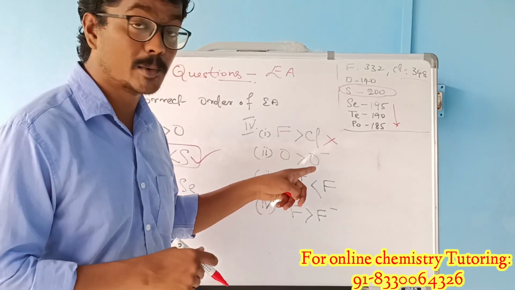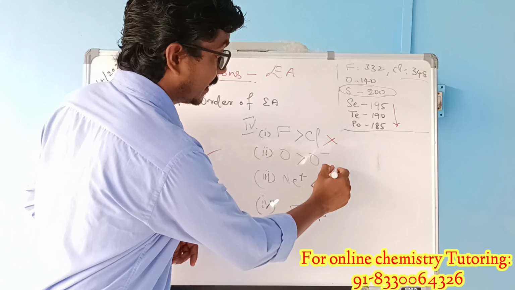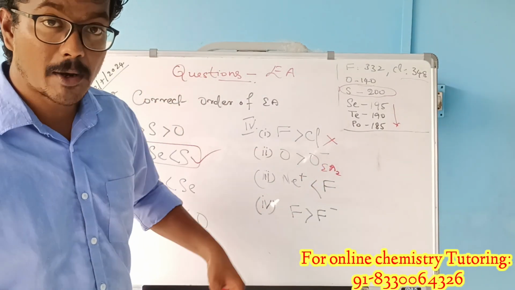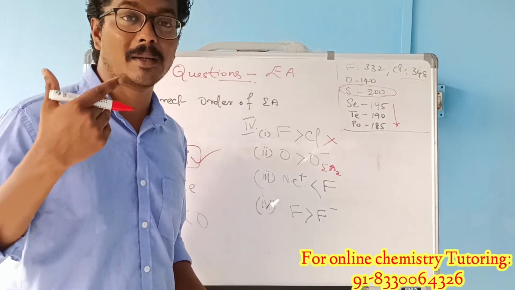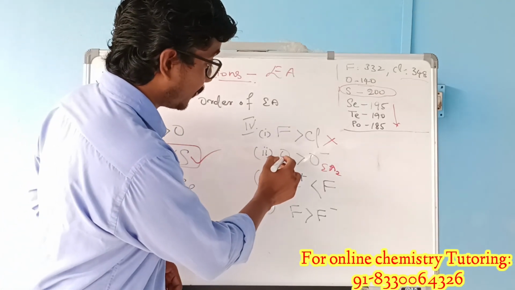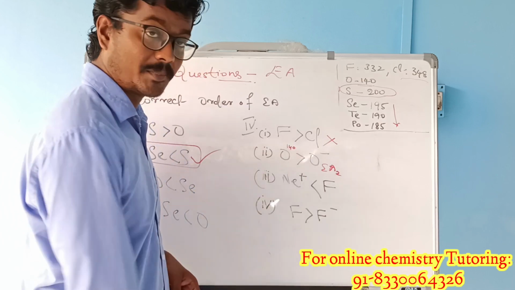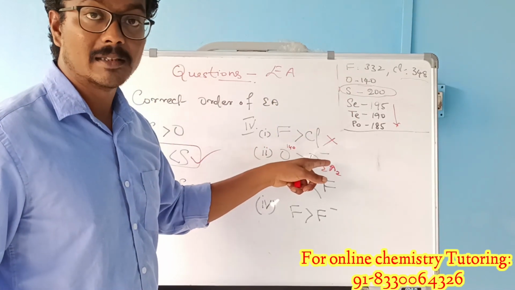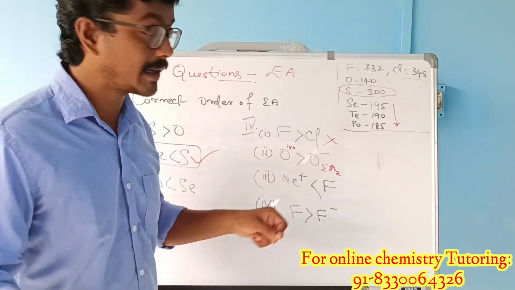So this corresponds to EA2, the second electron affinity. So we have to supply some energy to overcome electron repulsion to accept another electron. The electron affinity of neutral oxygen is 140, right? What about this one? This must be very much higher, right?